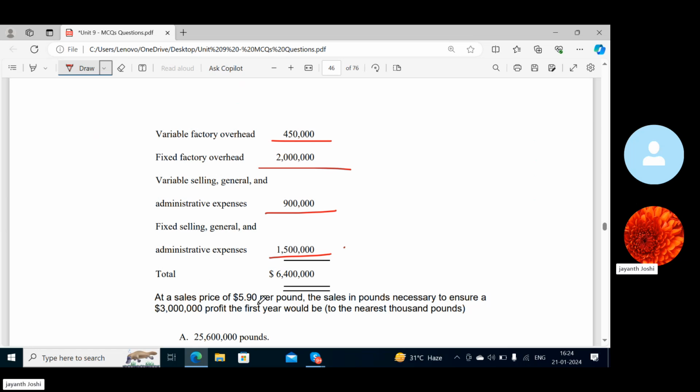At a sale price of this much per pound, the sales in pounds necessary to ensure this much profit for the year would be. So they are asking the target sales, am I right? Yes. They're asking sales in pounds, so we don't know that. We can take X, right?